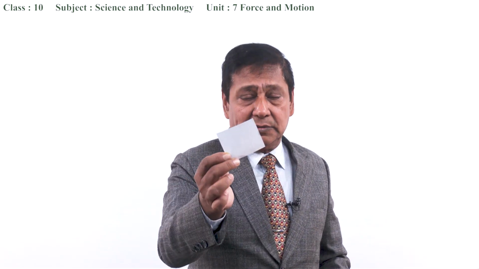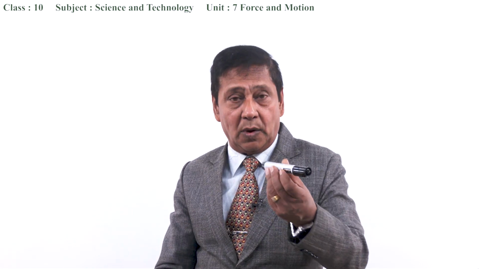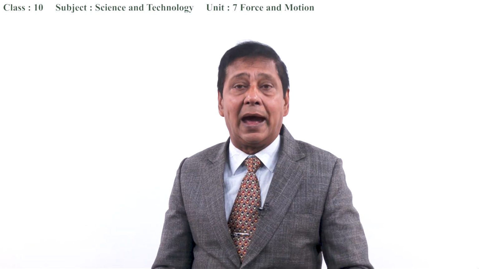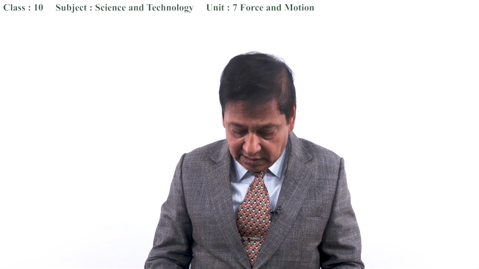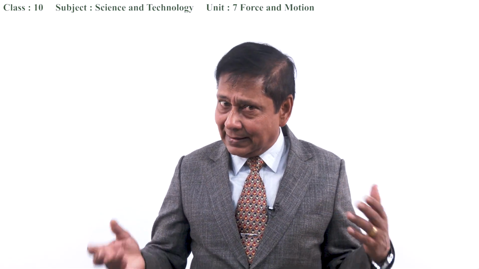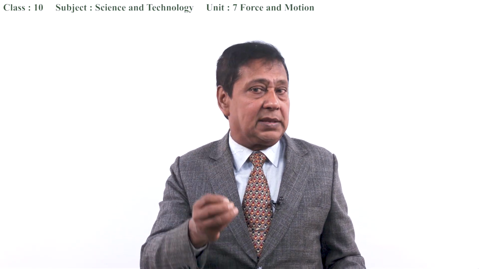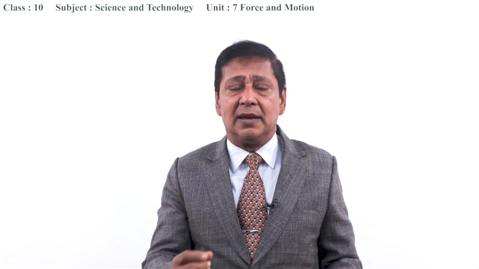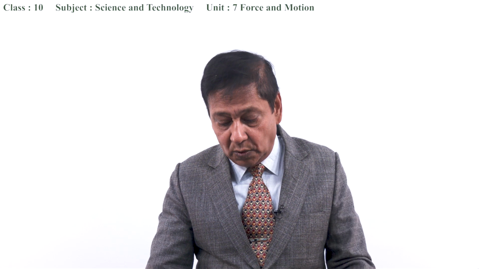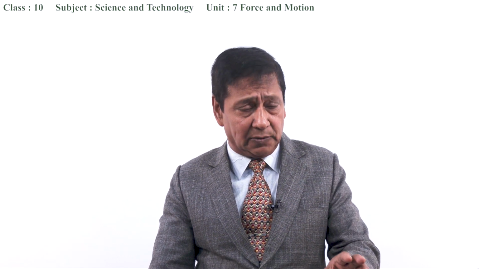Certainly, the weight of this paper is less, but the weight of this marker pen is a little more, and the weight of my body is more than this too. What is the reason? Reason is very simple. Weight of the body depends upon its mass. We have to remember this also. That's why in terms of measurement, we can define weight this way also.